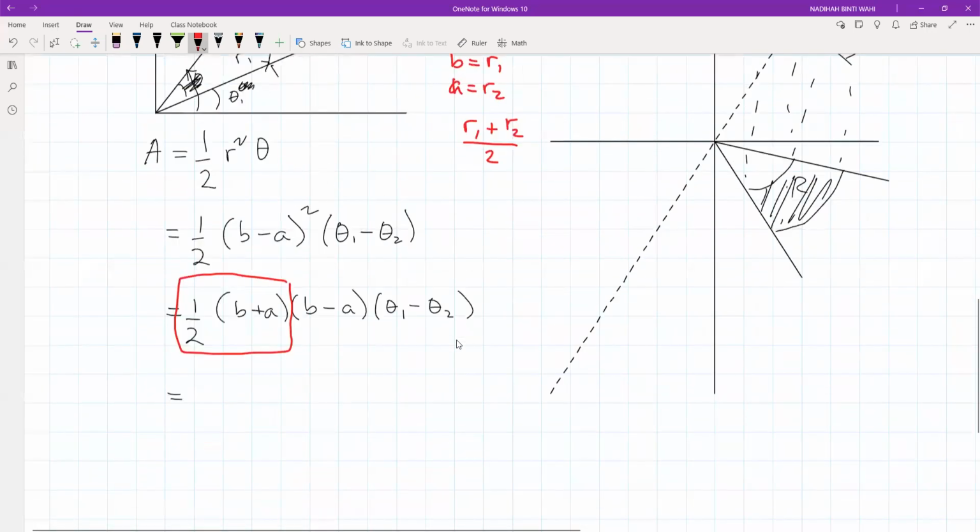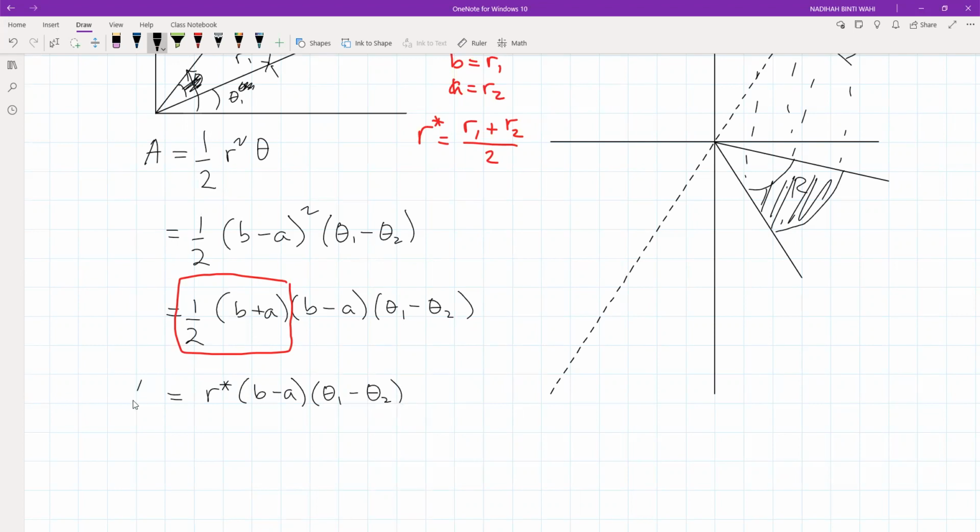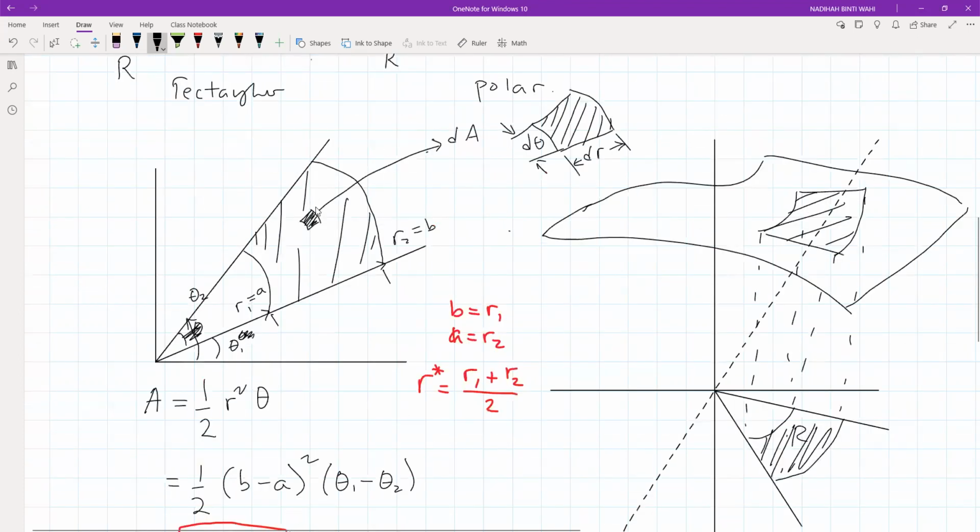So yang bahagian yang ni, this constant coefficient, let's say this one is equals to R star. Okay, so saya boleh plug back dekat sini. R star is just B minus A times theta 1 minus theta 2. So this is the area untuk sektor yang kat sini, this sector.